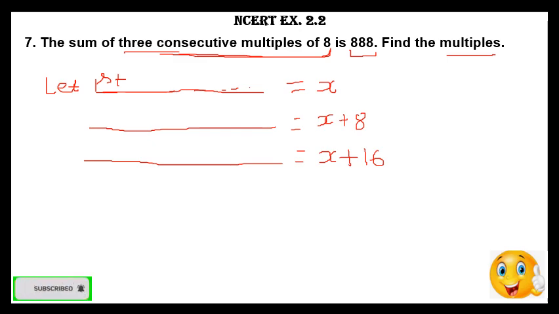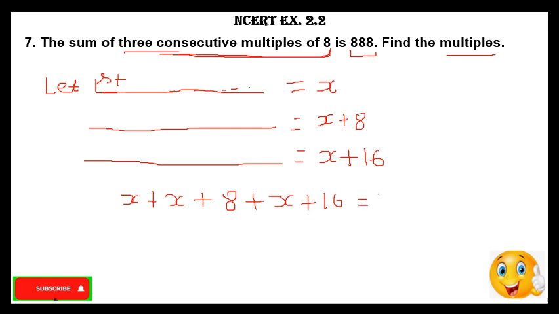So according to the question, you need to add x, x plus 8, then x plus 16. So the sum of all these three consecutive multiples of 8 is equal to 888.